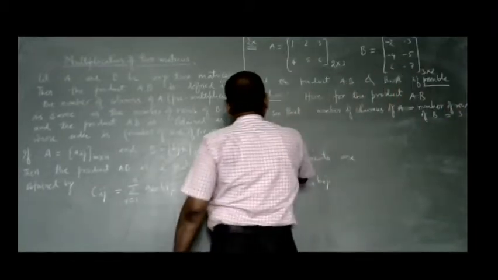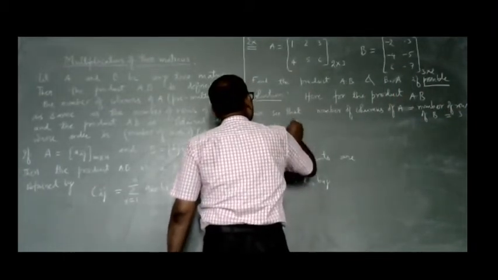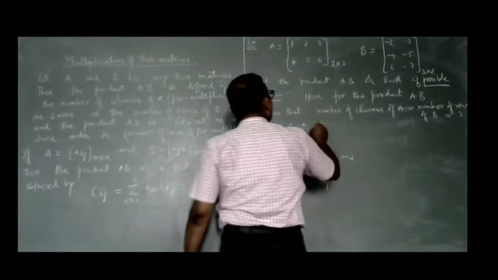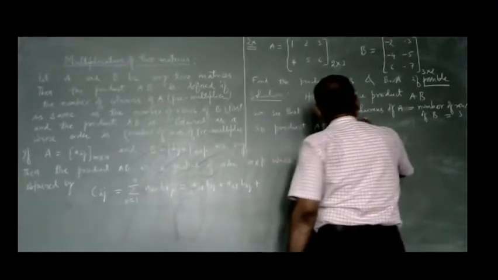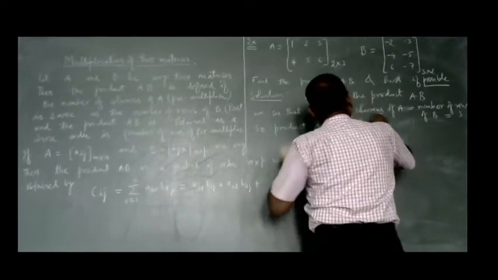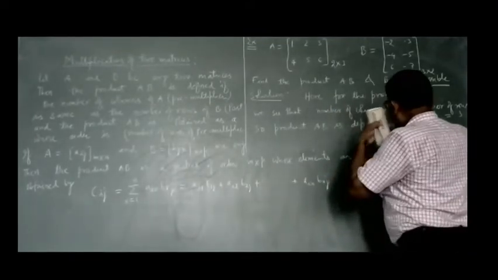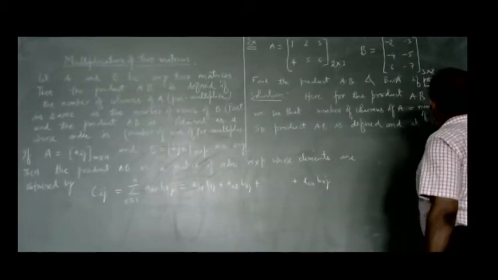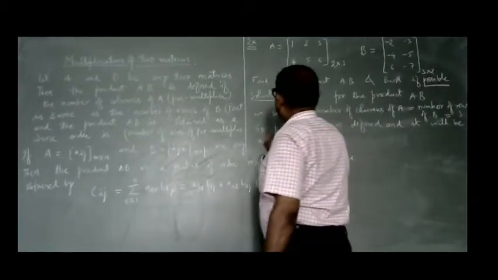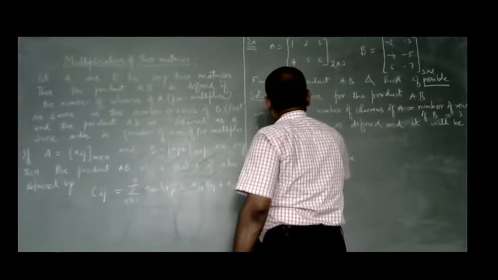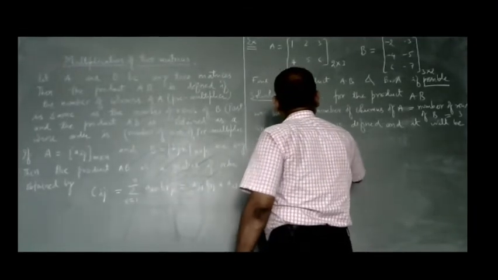So product AB is defined and it will be a matrix of order.